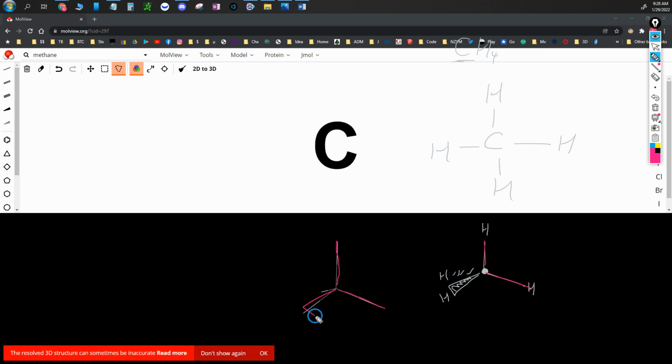And then the ones going into the page are going away from the plane, so they give you that little fading away, right? And this gives us a shape. If you connect the tips, it gives us the shape we call tetrahedral.